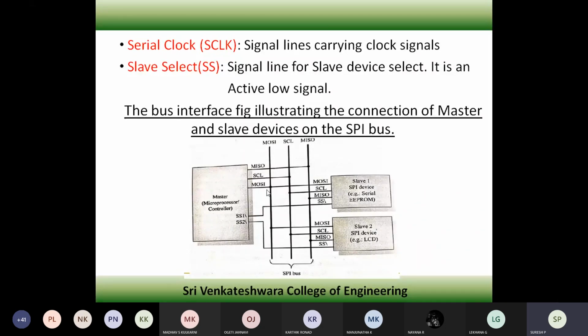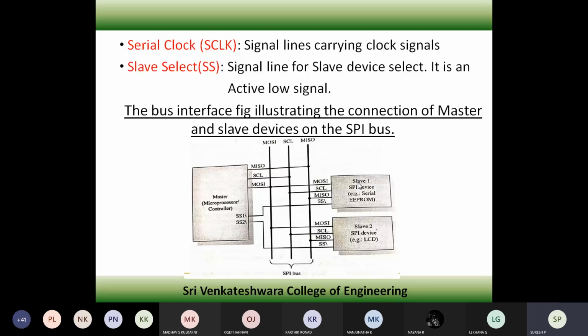You can see SS1 and SS2 in the figure. These are slave select 1 and slave select 2. For this particular master, two slaves are connected. So by using the slave select line, I have to select that particular slave.